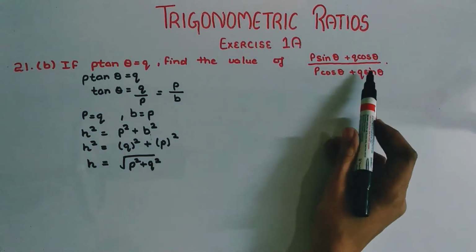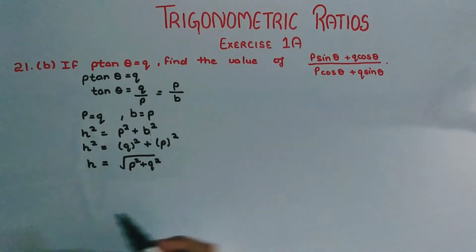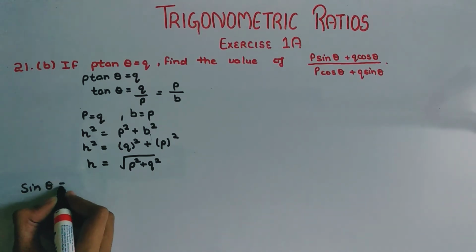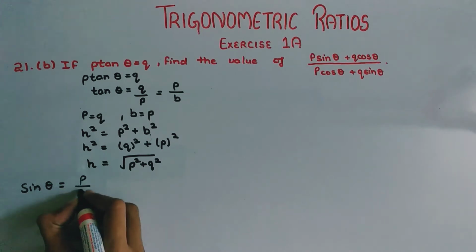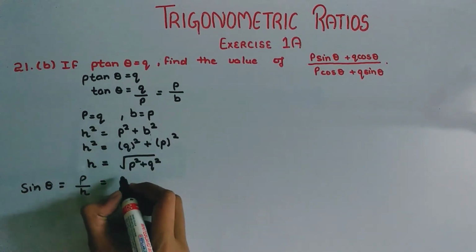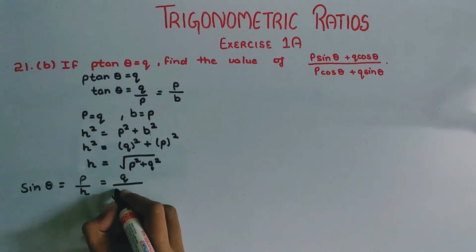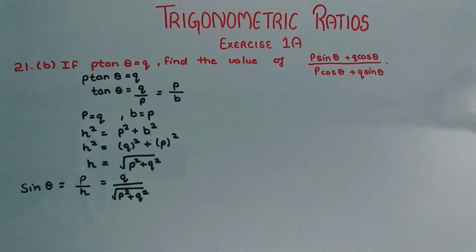Now for this equation we should find the values of sin theta and cos theta. First of all we have sin theta. We know that sine of any angle theta is perpendicular divided by hypotenuse. That means the value of perpendicular is Q divided by hypotenuse, that is under root P square plus Q square.